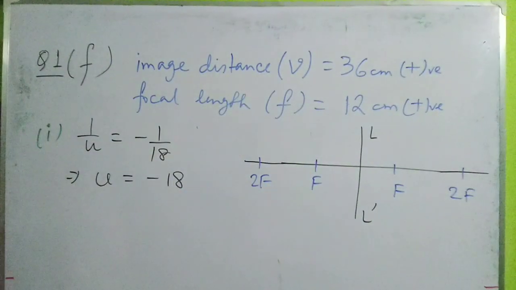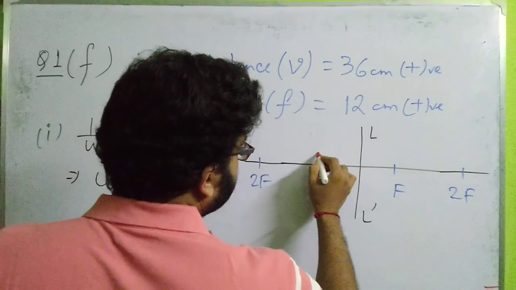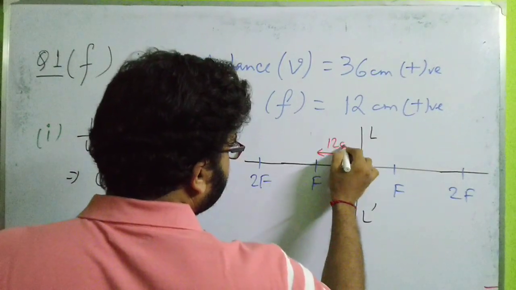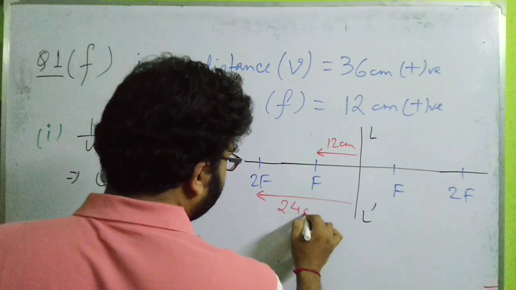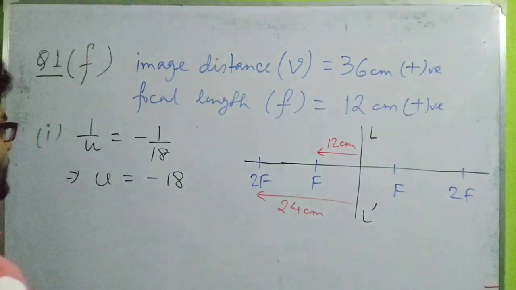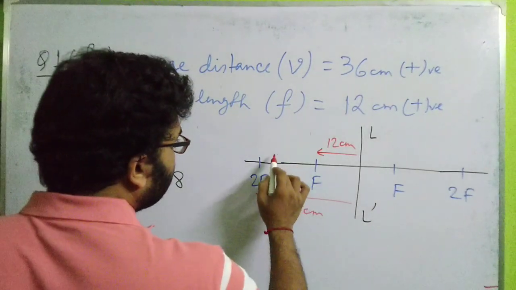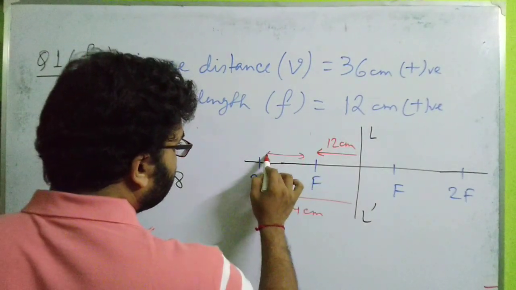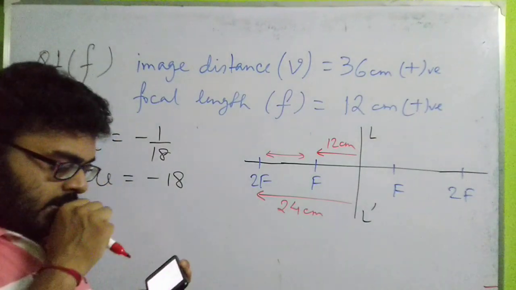Now the F has been given as 12 centimeter. So if this is 12 centimeter, then obviously this distance is twice F, meaning 24 centimeter. Now our object distance is 18 centimeter. So obviously the object must be lying somewhere in the range of 24 centimeter to 12 centimeter.